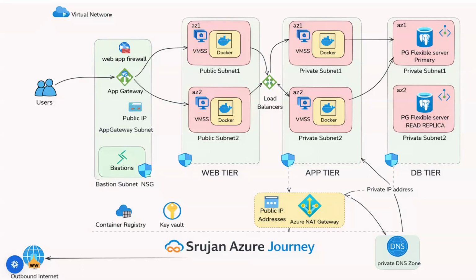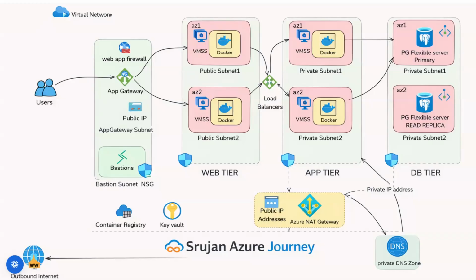Okay, so talking about security aspect of this project, we have deployed Bastion servers to access the VM using SSH port 22, as well as NAT gateway for controlled outbound internet access. So we need to deploy NAT gateway because on the backend side we need to pull Docker images. For that we require internet.